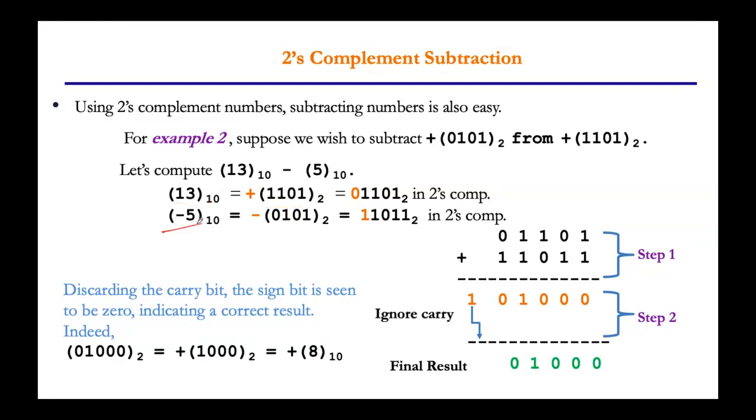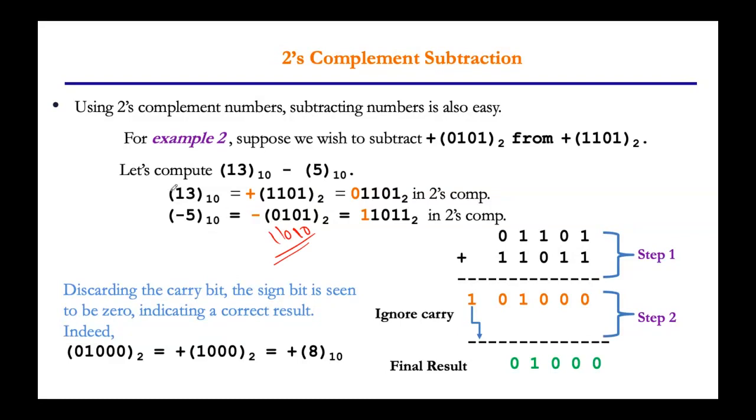But when it becomes negative, its value changes. How? You can see the binary value of 5 is 0101. Then you complement this to get 1010 and add 1.